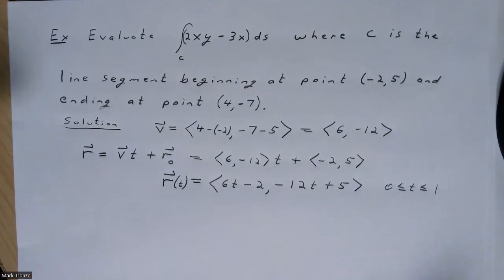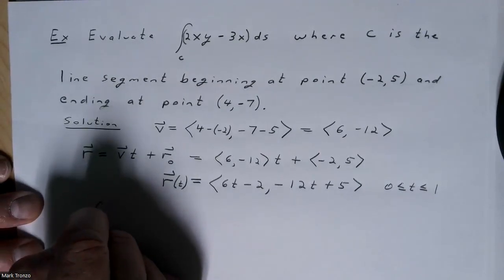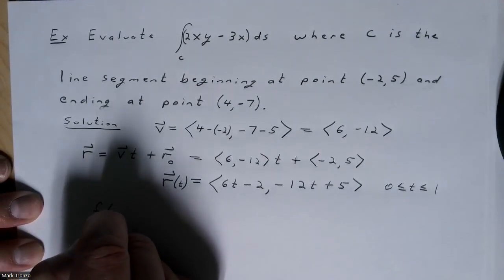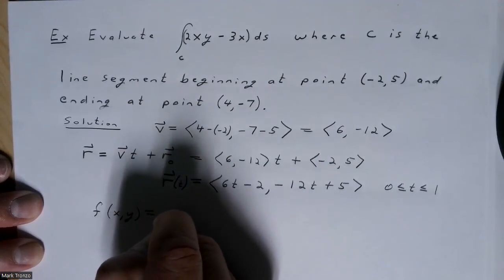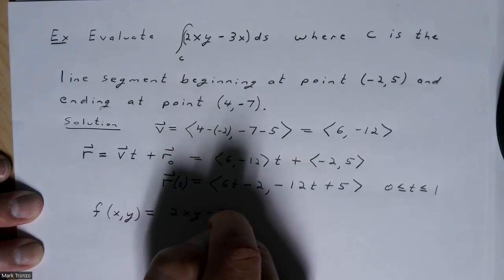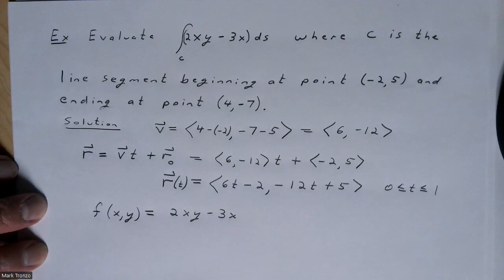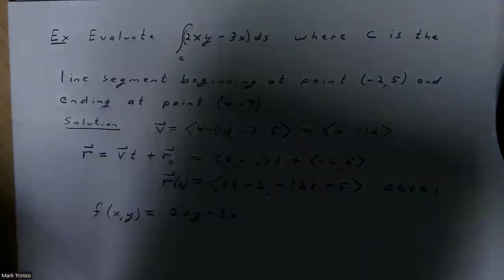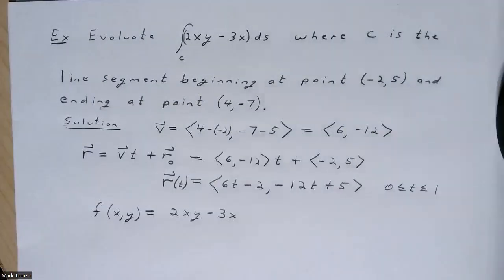So next thing we have to do, we want to identify our function. And so our function here is going to be f(x, y) equals 2xy minus 3x. And then remember, when we're using our equation, we're going to need f of r(t).